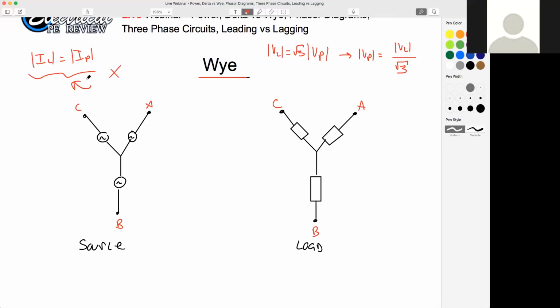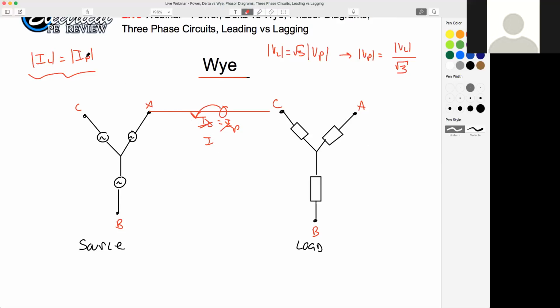But I think for a few of you, this is really going to help. Instead of thinking that your line current and your phase current equal one another, you really only have one current. When we solve for what they call the line current, it's really the phase current. In my opinion, the best way is to think of it as your Y current. You really only have one current for your Y system.